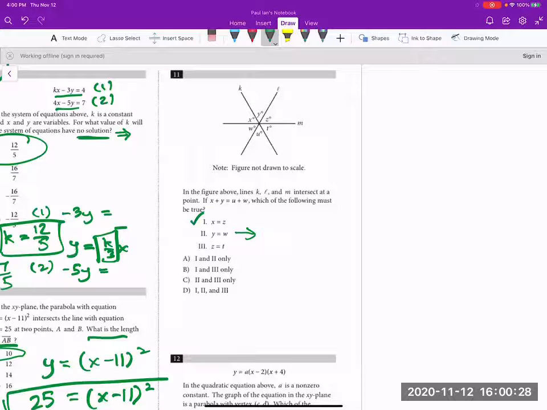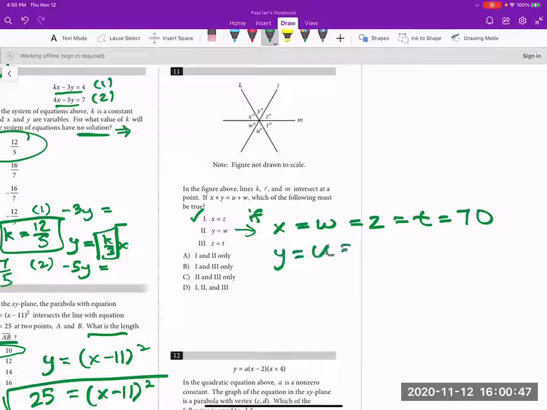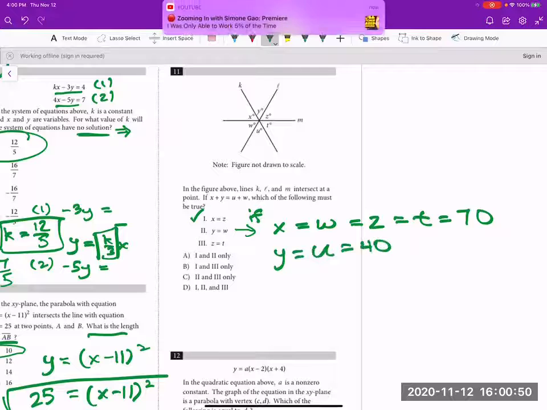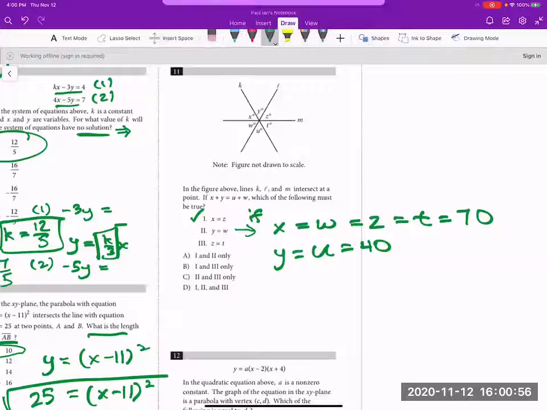Let's take a look at this example. This is a counterexample. If x equals w equals z equals t equals 70, and then you have this other case, y equals u equals 40, then all three pairs of the vertical angles in the figure have equal measure, and the given condition holds.